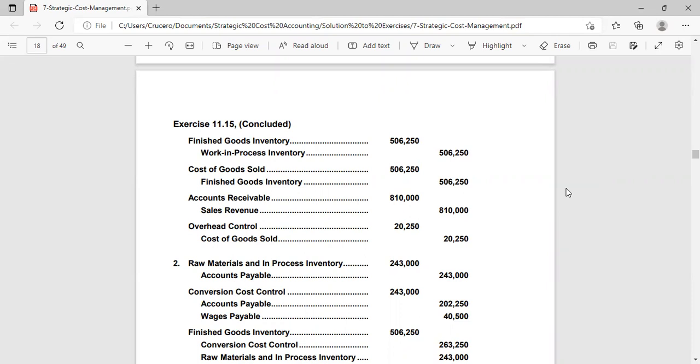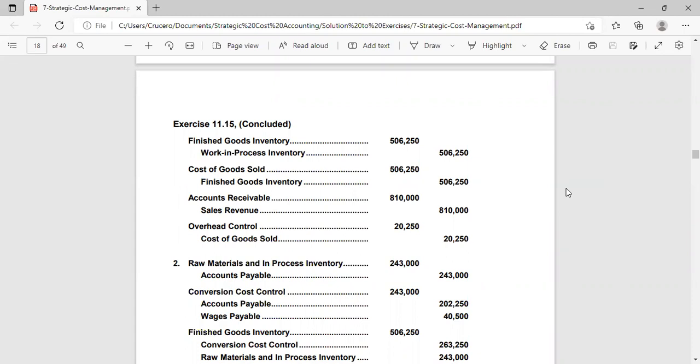We now debit finished goods and credit work in process inventory, debit cost of goods sold, credit finished goods inventory, and debit accounts receivable at 60% markup based on 506,250. We multiply it by 1.6, and credit sales.